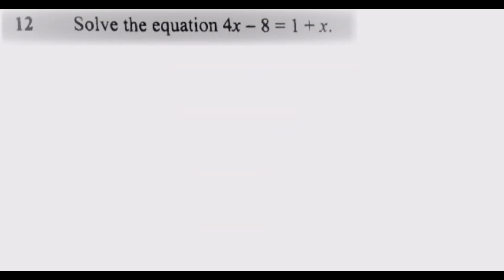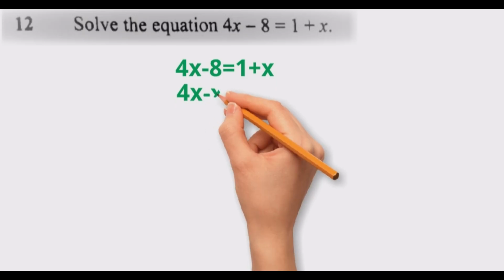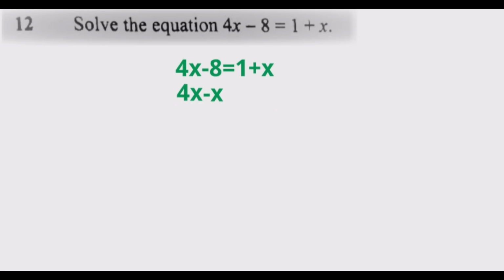Question 12 is as follows. Solve the equation 4x minus 8 is equal to 1 plus x. To solve this equation, first I'm going to copy the entire expression. Next I'm going to put like terms together. First I write 4x, then positive x will cross the equal sign, so it's 4x minus x.